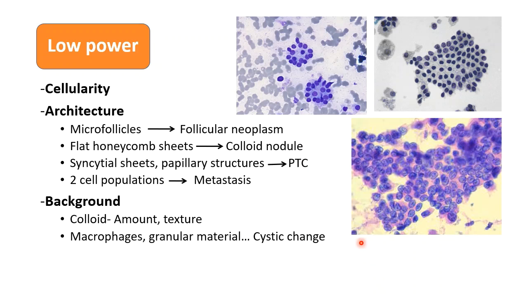Then look for the macrophages or any granular material indicating any cystic change. For example, colloid goiter can have cystic change, and then you can see multiple macrophages along with granular material in the aspirate. If you have abundant lymphocytes, and some of which may be infiltrating the follicular epithelial cells, look for lymphocytic thyroiditis.